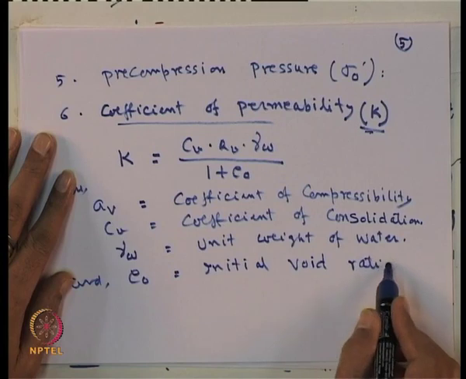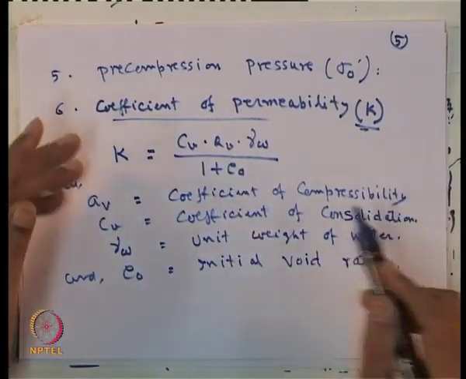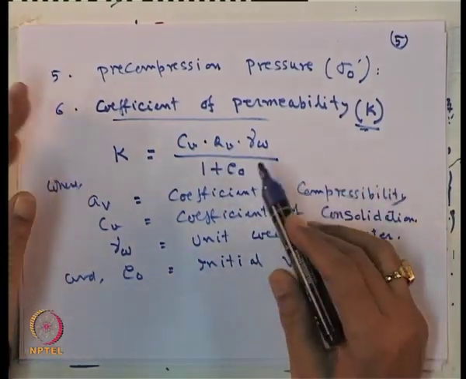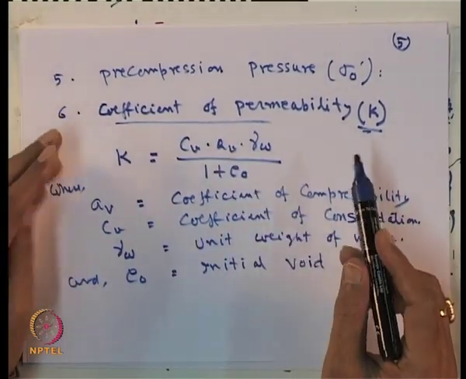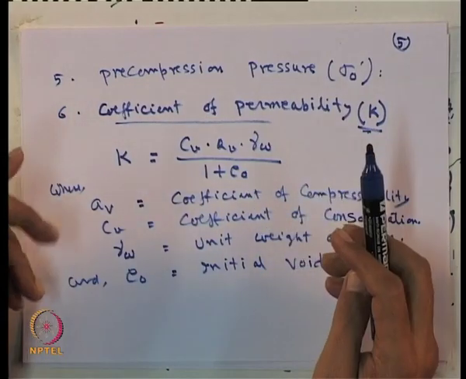So, from the consolidation test, if you know the coefficient of consolidation, the coefficient of compressibility, gamma W and the initial void ratio, you can determine what the coefficient of permeability of the soil should be. This is the indirect method by which you can determine the coefficient of permeability.